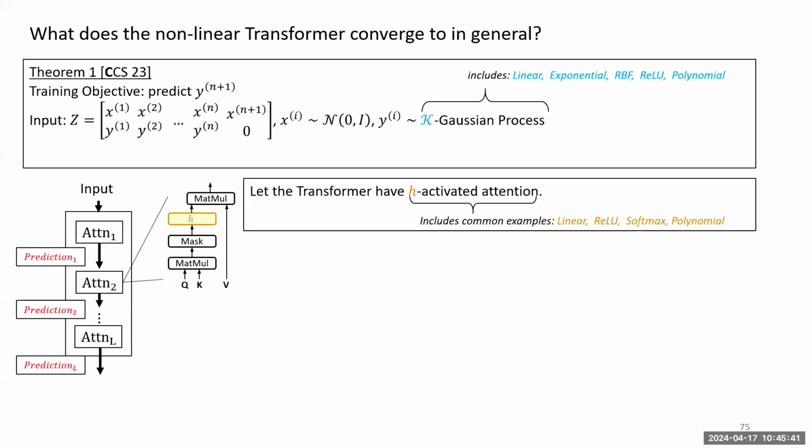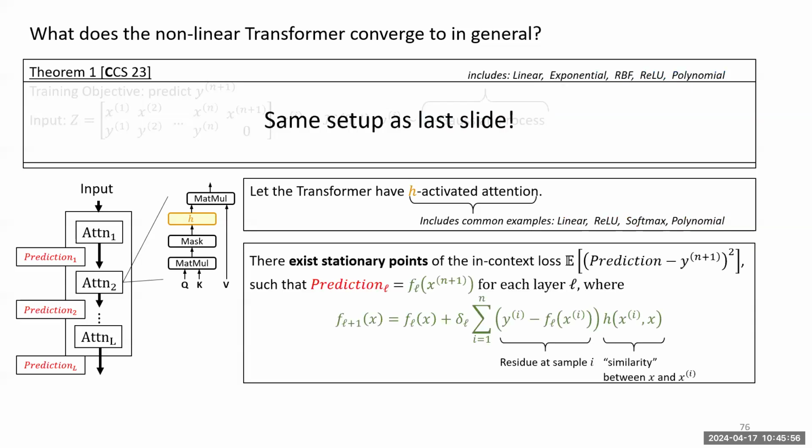Statistically optimal in the sense that, given these in-context demonstrations, you get the statistically optimal prediction based on them. So when H is a kernel, we have a nice interpretation, but even when H is not a kernel, the transformer still implements a relatively simple algorithm. So consider the same setup as the last slide, only now we do not require H to be a kernel. We can show, again, that there exist stationary points which coincide with a relatively simple iterative algorithm.